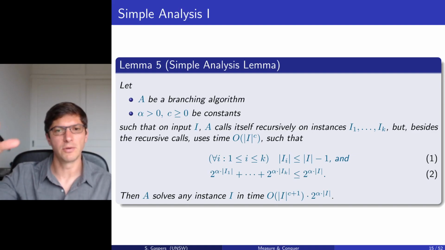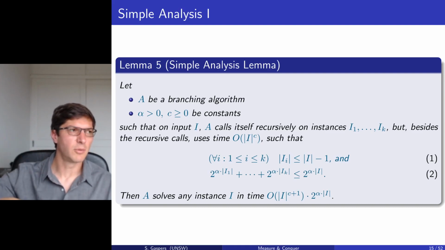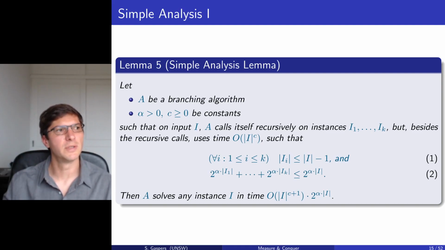Right? So whenever we go from a parent to a child, we say that the instance should decrease in size. So I sub I should be strictly smaller than the size of I. And since we want to upper bound the height of the search tree by, let's say, a linear function, we require that the size of I sub I is at most the size of I minus 1.